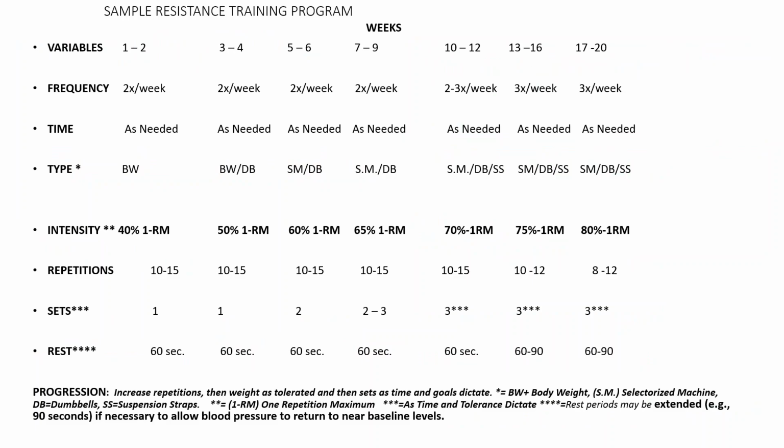Okay, this is a sample resistance training program spread out over a 20-week period. And what you see here is that I've put in the abbreviations, and the legend for that is down below.